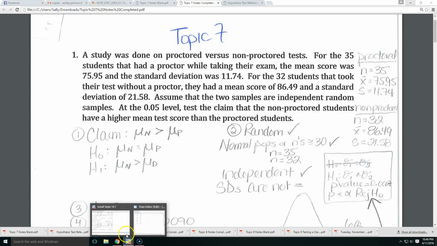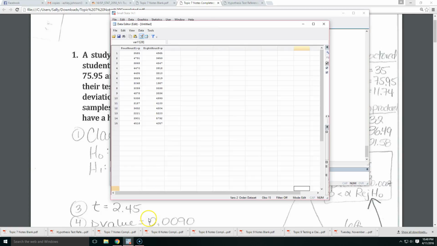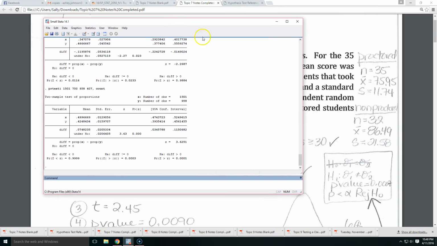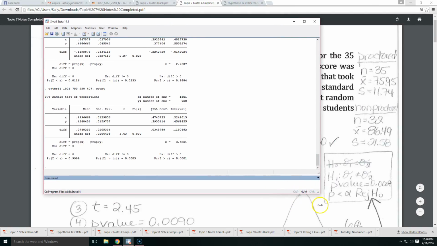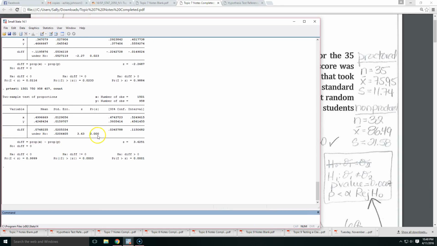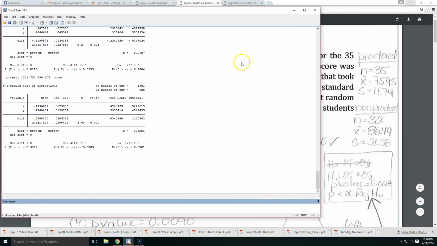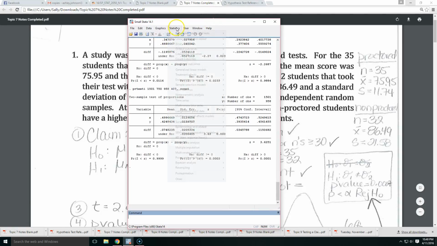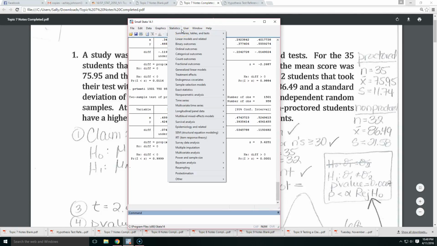So let's head to Stata and we will check this assumption. So, oops, that's the next problem. It didn't resize. Okay, so the hypothesis test, so we're doing a hypothesis test, so we're going to select this first one with tests in it.